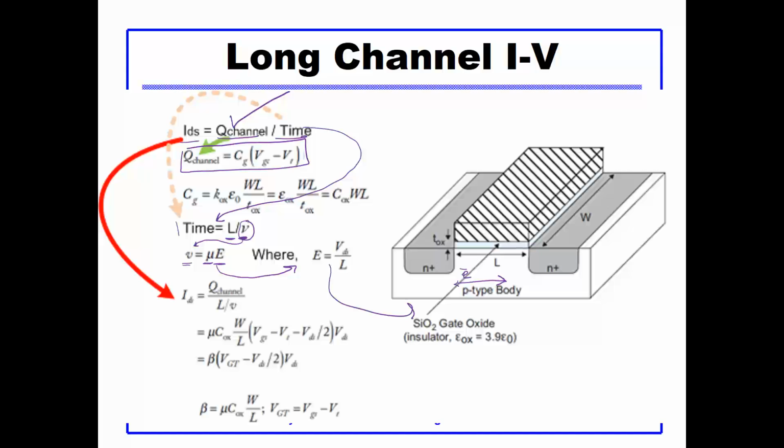So there is an electrical field between here, and the value of that electrical field is VDS, the voltage between the drain and the source, divided by L. We plug in E here, we find V, and then we plug V back here, and this is how we find the time.